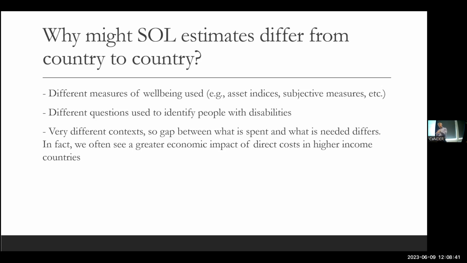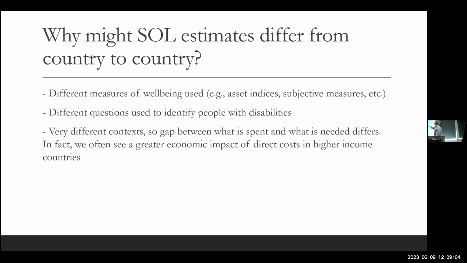And the idea is, if I'm spending money on disability-related things, I don't have the money to build up these assets. So the difference in assets between households with and without disabilities, even though they have everything else the same, that gap in assets must be because they didn't have the money to spend on it. So sometimes there might be differences from country to country based on those things.